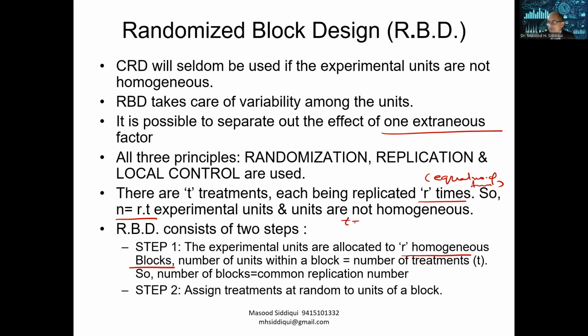Suppose the number of treatments is 4 and the number of blocks is 5. So we require 20 experimental units.